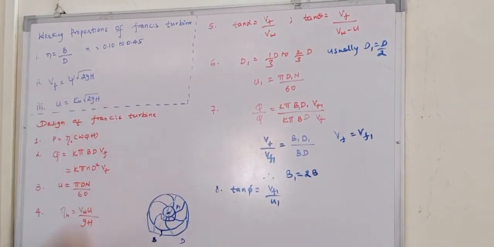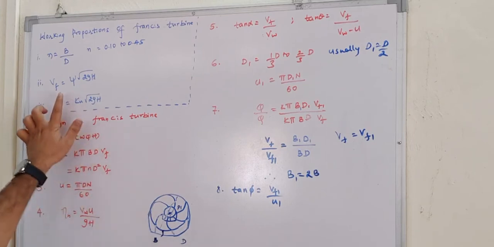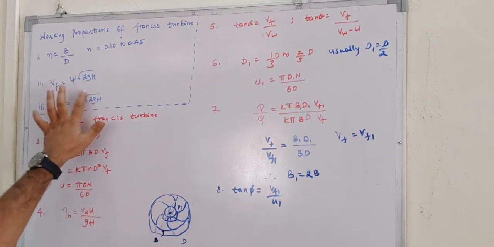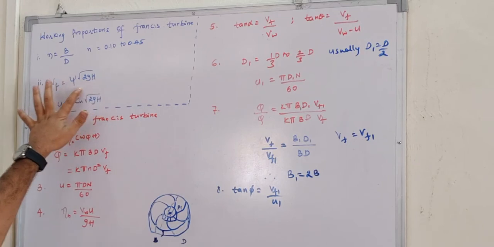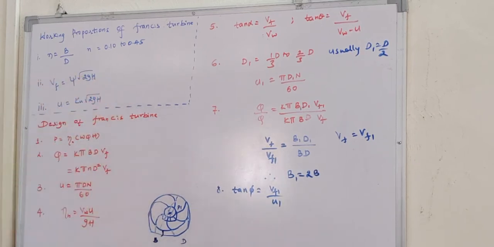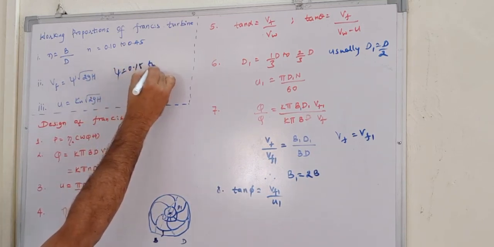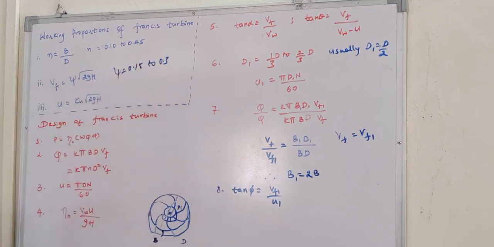Next, VF. What is VF? VF is the velocity of flow at the inlet. The velocity of flow at inlet is given by xi into root of 2gh, h being the head of the water and xi being the coefficient. Basically, this xi varies from 0.1 to 0.3.